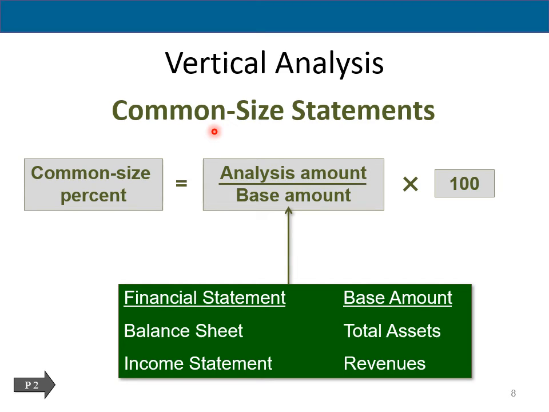With vertical analysis, we're going within 1 year and looking at the relationships. So what we're going to do is express every number on a financial statement in terms of a base. So for the income statement, you're going to look at revenues, right? And then every number on that income statement is expressed as a percentage of revenues, all right?